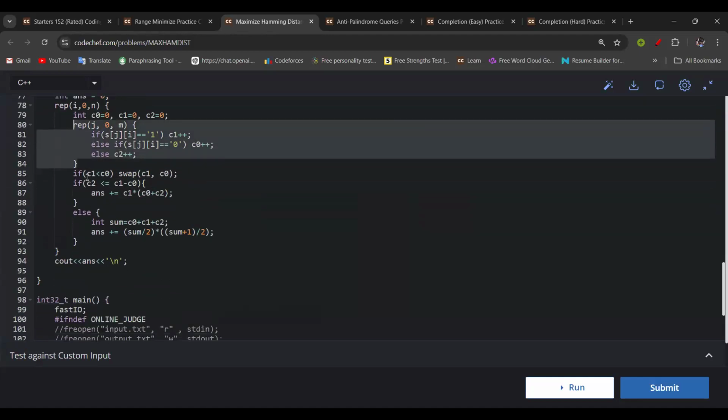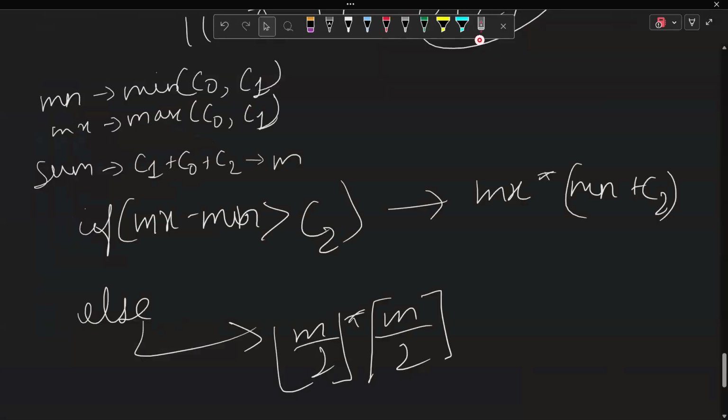Now one way is to take the min and max, which I did here. Mn denotes the minimum of C0, C1, Mx denotes the maximum of C0, C1, and then my computation just required Mx and Mn. Another way to do that: if C1 is less than C0, then just swap both of them, because it doesn't matter which is the count of 1 and 0.